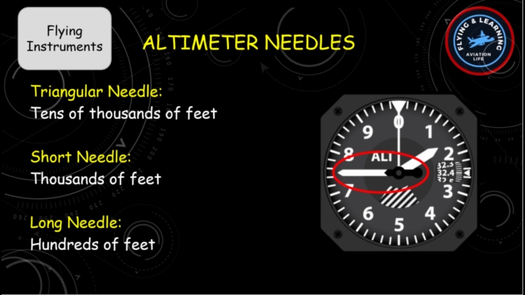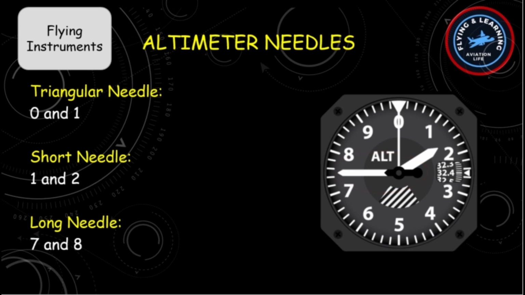In this example, the triangular needle is between 0 and 1, which means the aircraft is less than 10,000 feet. The small needle is above 1 but less than 2, which means the aircraft is above 1,000 feet and less than 2,000 feet. The long needle is between 7 and 8, which means the aircraft is above 700 and less than 800.